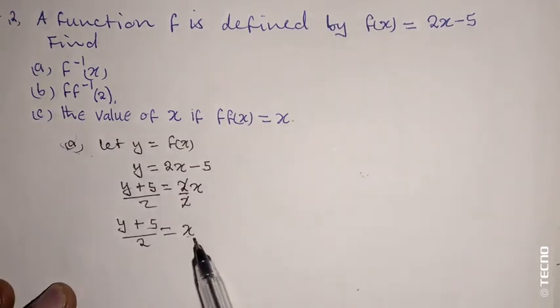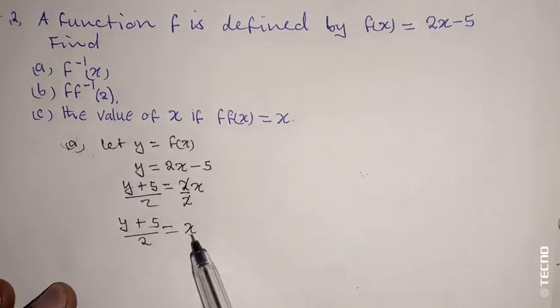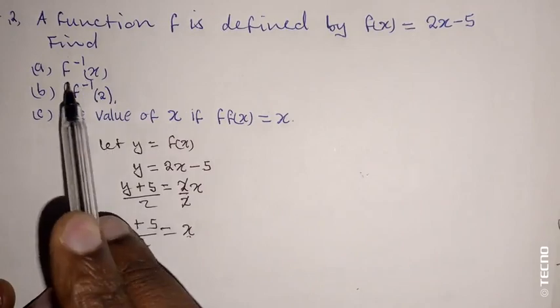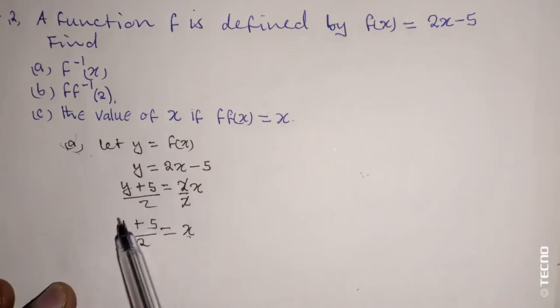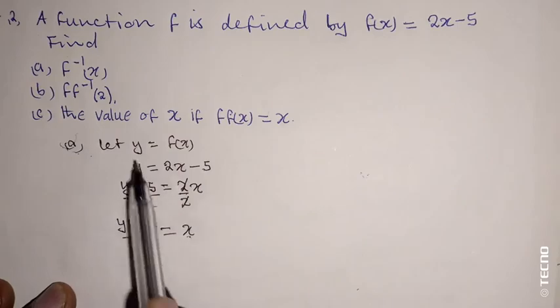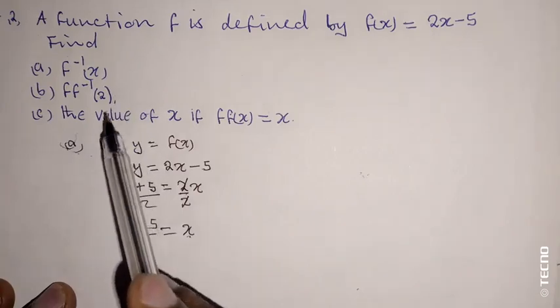Now we are going to remove x here and replace it by f inverse of x, and where there is y, where there is a variable in your expression, you write x.